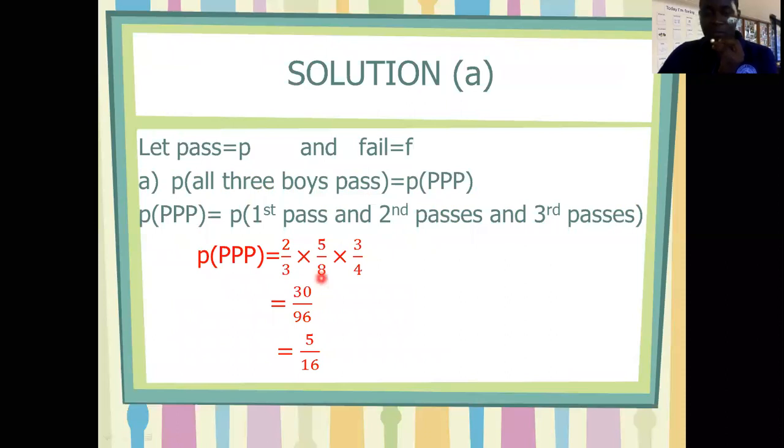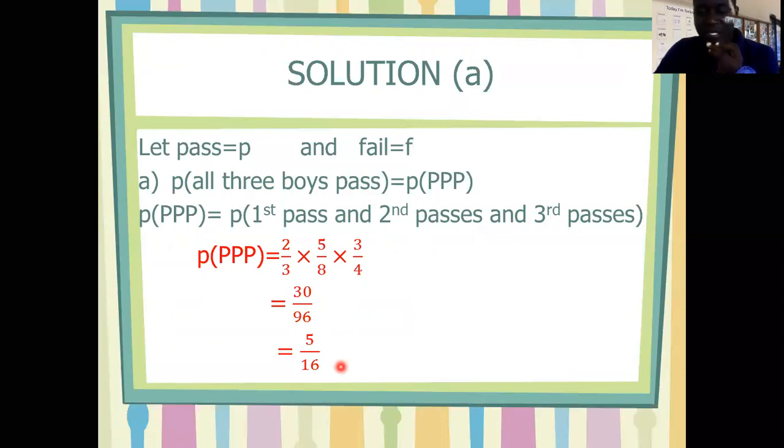Remember, this is multiplication because I've just read it as first boy passes and second boy passes and third boy passes. So the and makes use of the multiplication law of probability. So simplifying that, that gives me 5 over 16.